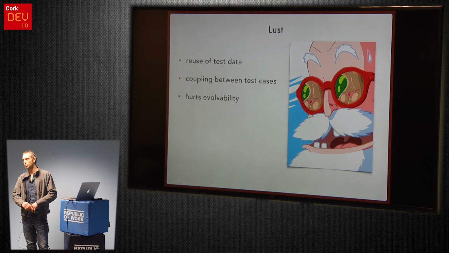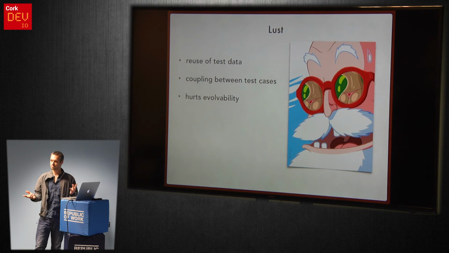Lust. You've got a bunch of test data. Maybe it's in a folder, maybe it's in the test class. After a while, first of all, you don't enjoy writing that. Maybe at the beginning, Homer Simpson, but it gets old very quickly. So your test cases all start using the same test data, and you end up with a lot of coupling.